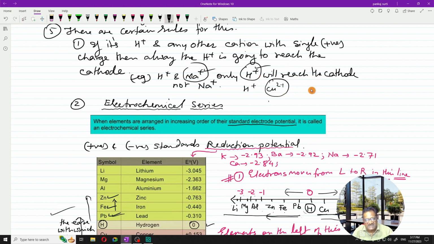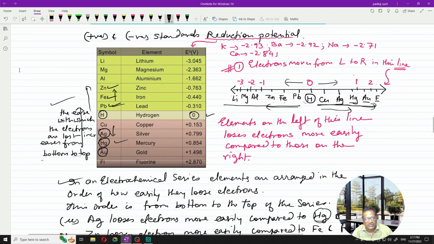But if you see the competition between hydrogen and copper, copper is below the hydrogen, so copper is going to win the race. Between hydrogen and sodium, the hydrogen was below the sodium, that is why hydrogen reached the cathode.